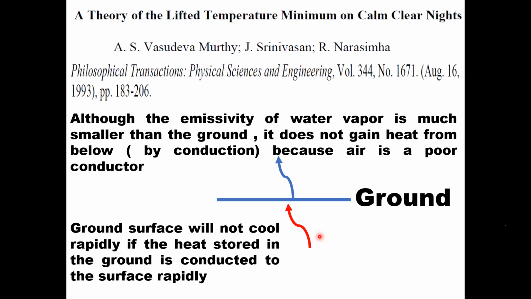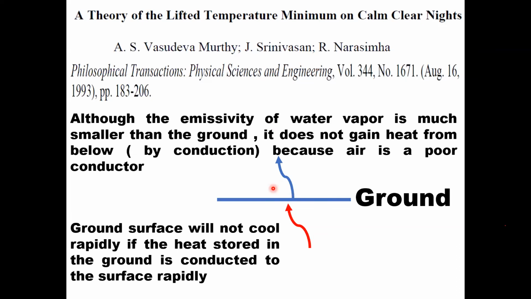Essentially, the minimum occurs because the rate at which radiation emitted by the ground is absorbed by this minimum is equal to the radiation emitted by it to space. This also explains why ground emissivity is so important. If the ground emissivity is below 1, then the ground emits less radiation to the minimum location.